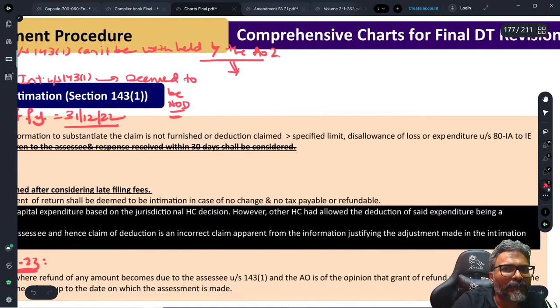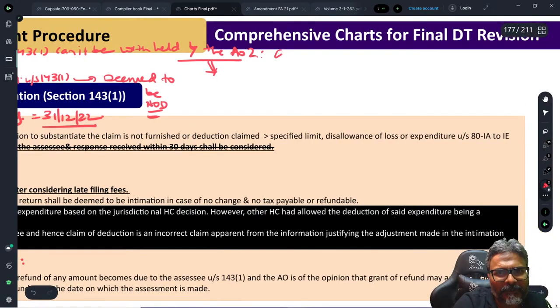Why he wants to withhold the refund, he needs to have the ground. So the ground to withhold the refund, students, is this.